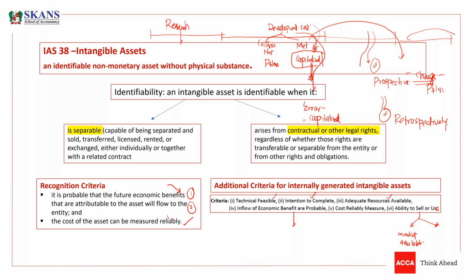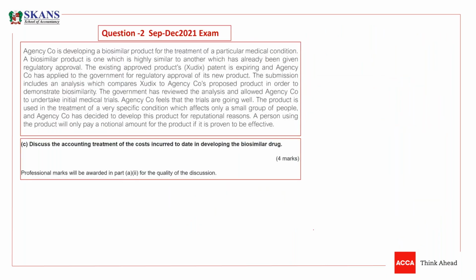Otherwise, prospective: first criteria met, capitalized, then you find that criteria is not there. You were right when the criteria met. Now you are not confident about the project, then you have to charge it to P&L and it will be prospective. Now the question here is, you have to check whether development cost criteria is there or not.